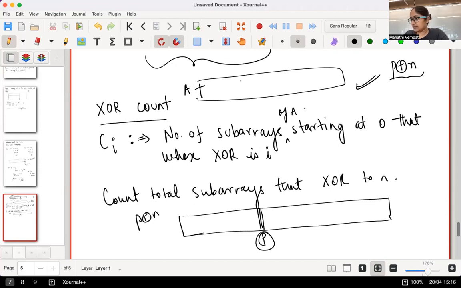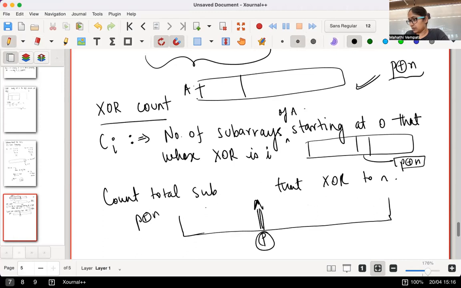So your Ci array at the P XOR n position should contain only guys less than here whose XOR was P XOR n, and not the arrays extending to here, right? So therefore you need to keep filling this as you're doing this.